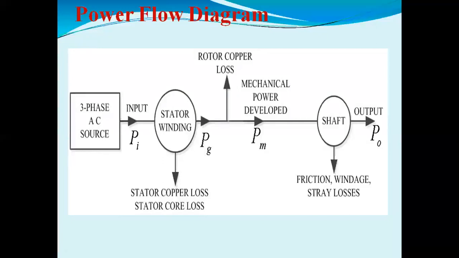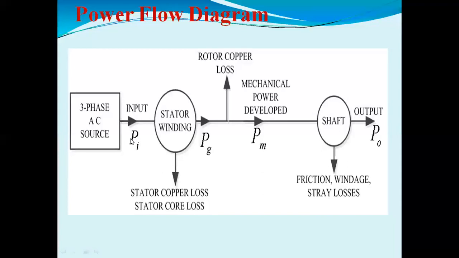From that air gap power, we subtract the rotor copper loss. From there, we get the mechanical power developed, and the mechanical power developed is transferred to the shaft. From the shaft, the friction, windage, and stray loss are subtracted, and we get the output power. This is the basic power flow diagram that we have to know.